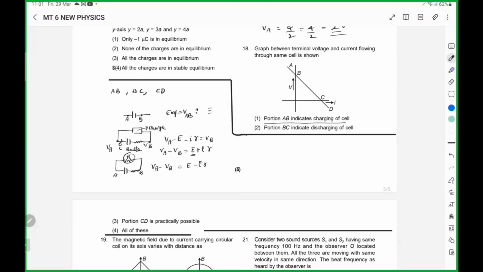So when a resistance is connected to a battery, current flows through this resistor, and its terminal voltage obviously becomes less. So BC indicates discharging of a cell.